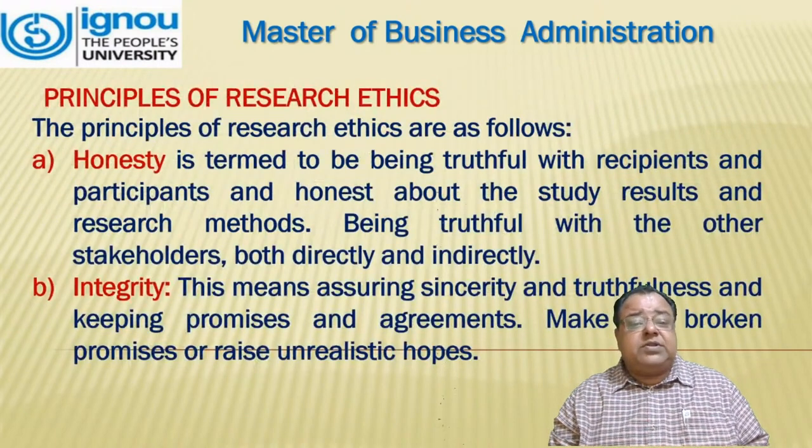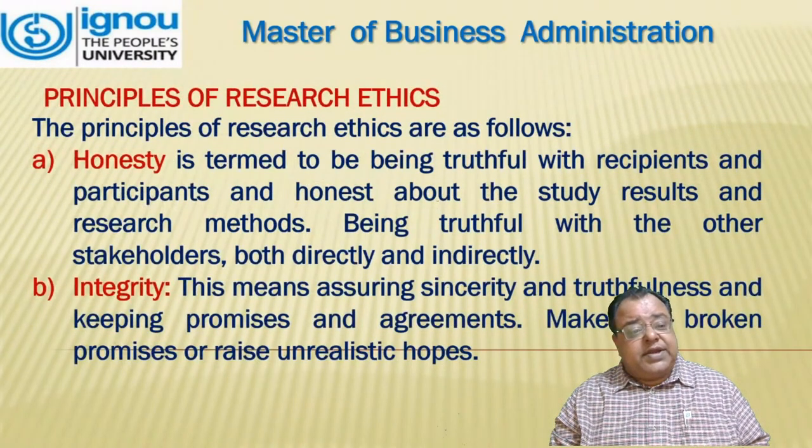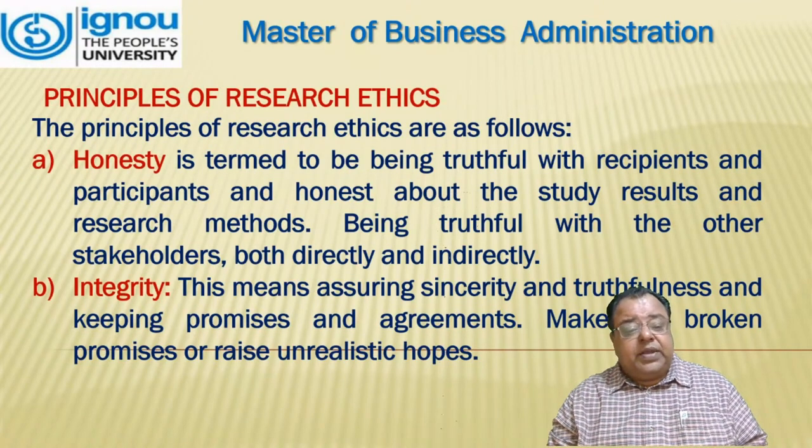What are the principles of research ethics? Honesty is termed to be truthful with recipients and participants and honest about the study results and research method, being truthful with the other stakeholders, both directly and indirectly. Integrity.